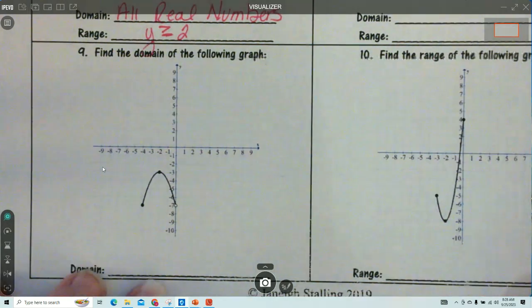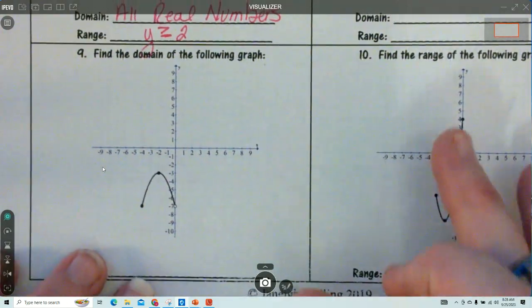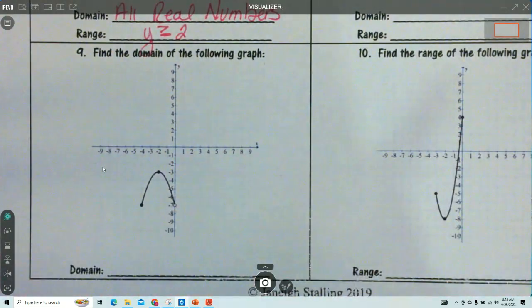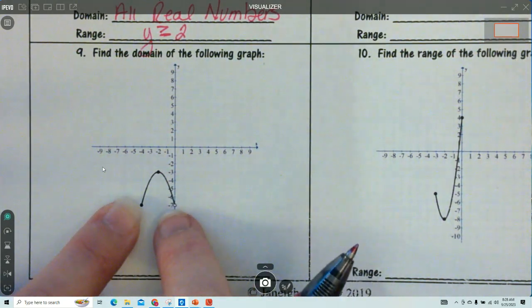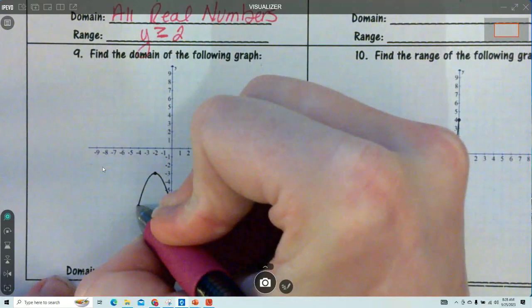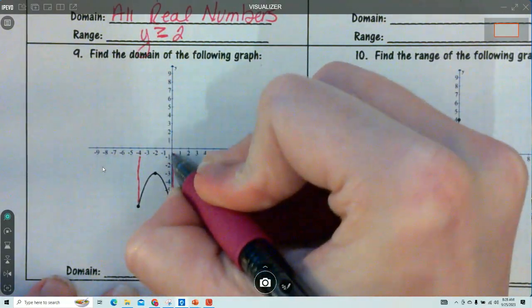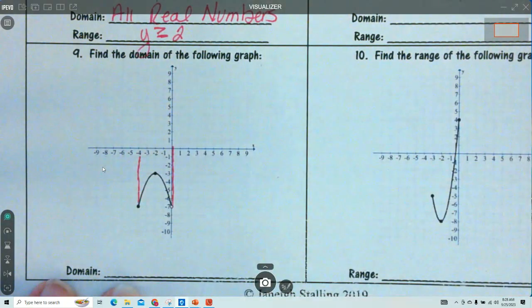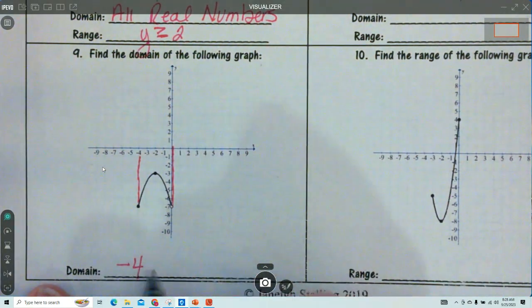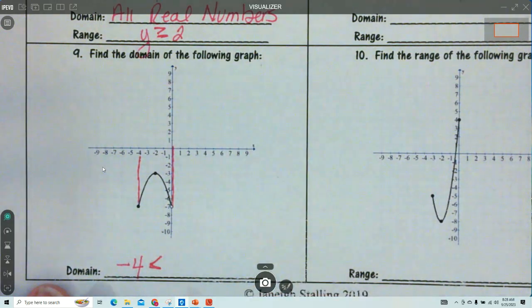Domain. Is domain X or Y? X. So the rest of these graphs have dots. So if I have dots, I'm going to follow the dots to the x-axis. So what's my smallest x there? Does my sign get a line underneath it?